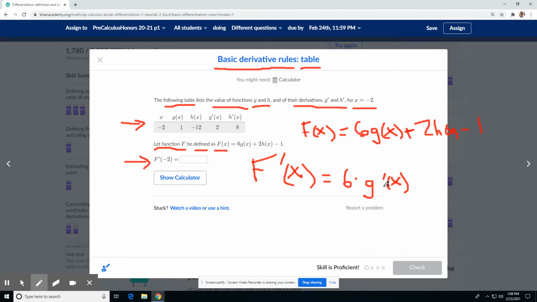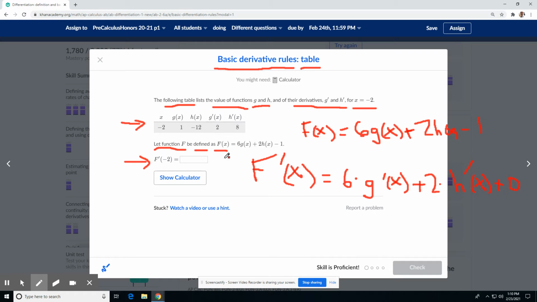So g gets the derivative done on it with respect to x, plus the 2 stays out in front, the 2 times whatever that h derivative is. So the derivative of h is going to be h prime of x. And the derivative of a constant is always 0. So plus 0. So that just drops off basically.